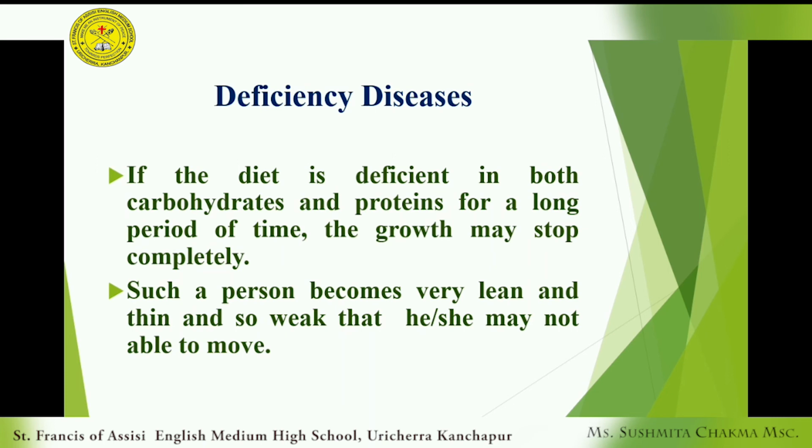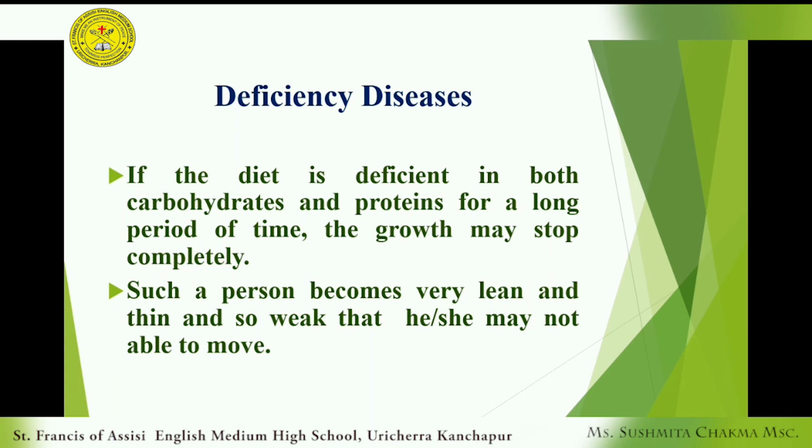Now deficiency diseases. A person may be getting enough food to eat, but sometimes the food may not contain particular nutrients, and sometimes people don't get some good nutrients for a long period of time. So people may suffer some deficiency of one or more nutrients.